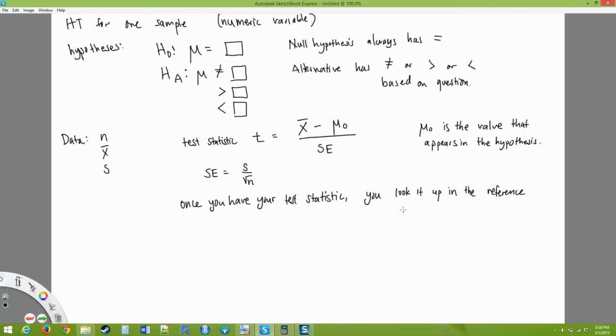Yeah, in the t table, because we're dealing with the t distribution, t statistic, okay? Reference table to get your tail area and p-value.